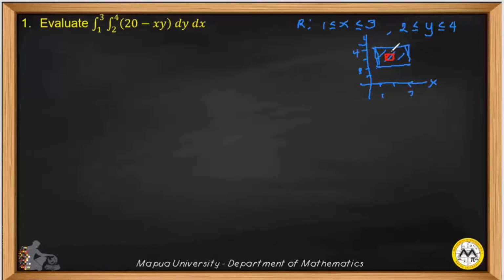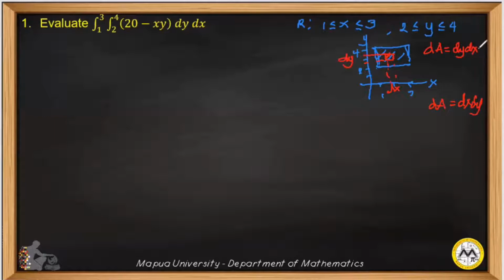This is the element where the sides are the differential of x and the differential of y. So we are going to consider that the differential of A is dy dx, but we can also consider that the differential of A is dx dy.